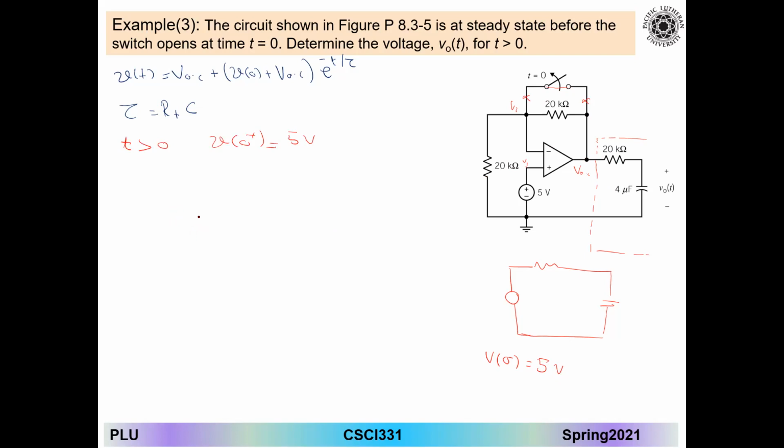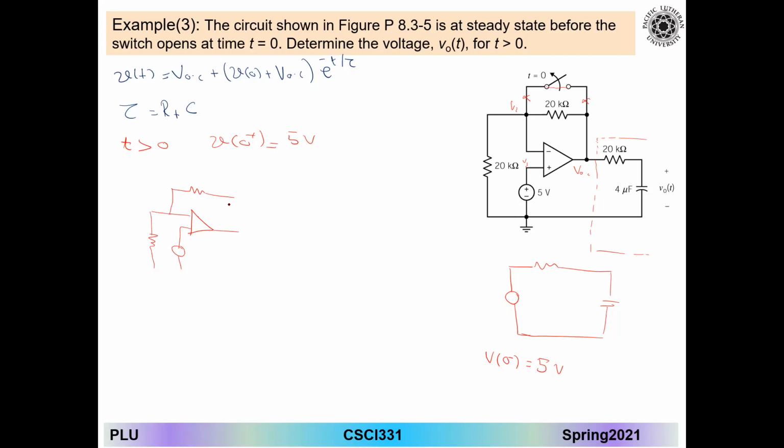I just try to avoid the drawing, but let's draw it. Right now, this one is open. And this one goes through this path with the resistors to the ground, and this one goes to the voltage source.